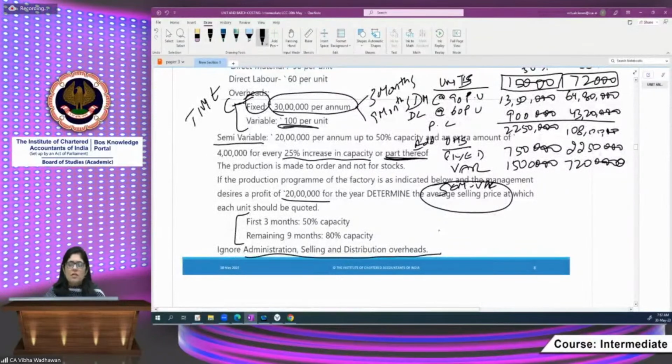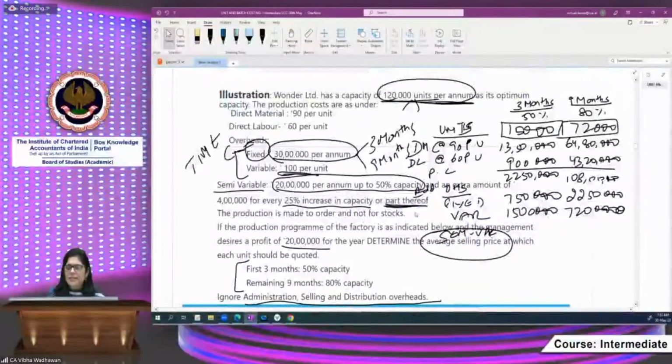So 20 lakh per annum up to 50% capacity. And in the first case, we have 50% capacity only.